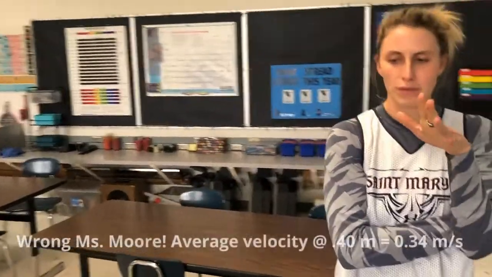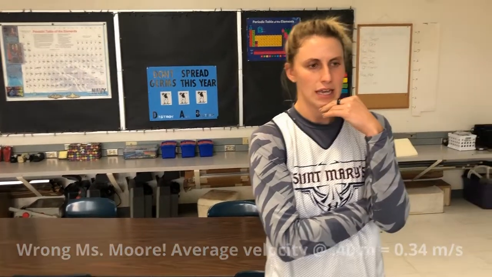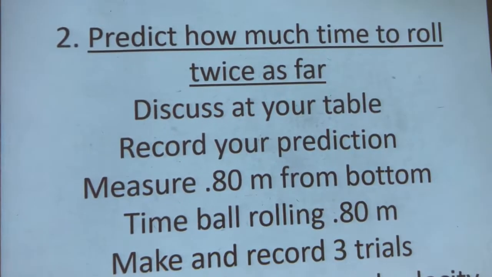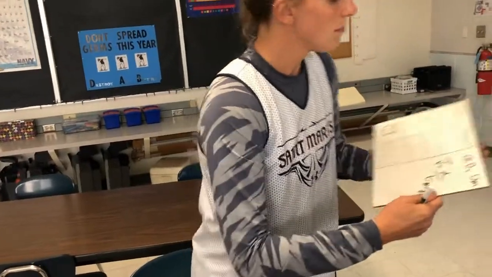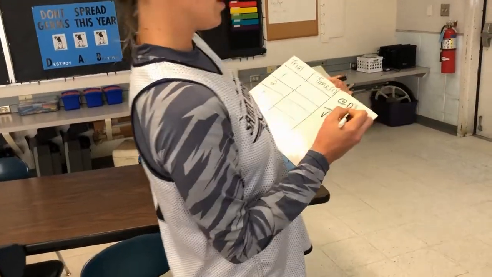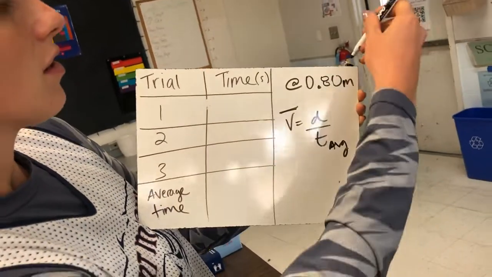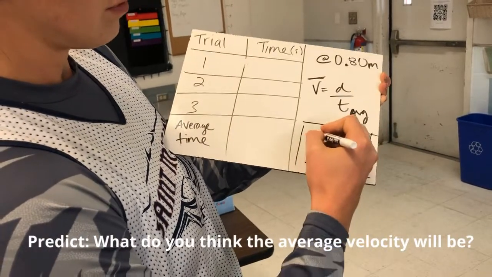We said at 0.4 meters, our average velocity was whatever it was, and now at 0.8, 2 times as far. What do you think the numbers are going to be? How much time will it take to roll twice as far? So let's go ahead and do this. Again, pause, make your notebook look like this. 0.8 meters now there. And write a prediction down. Yeah, make a little prediction right here. What's that prediction going to be?